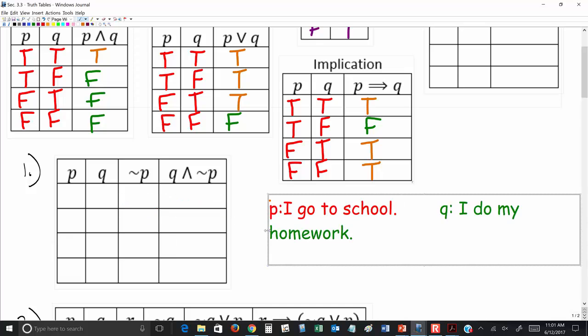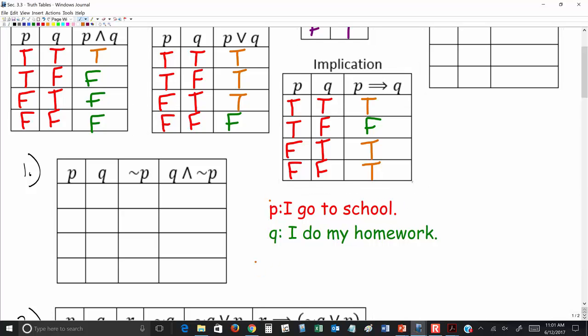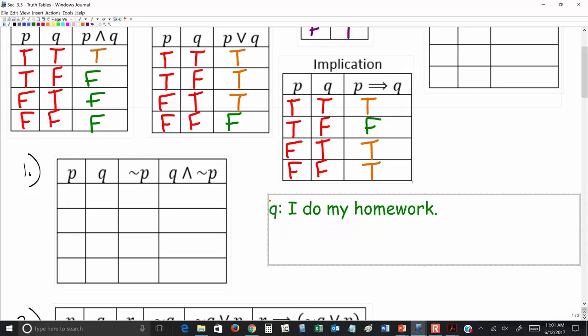All right, so then let's look at the statement for if P, then Q. If I go to school and I do my homework, then the statement, if P then Q, is true. So let's write that out too.